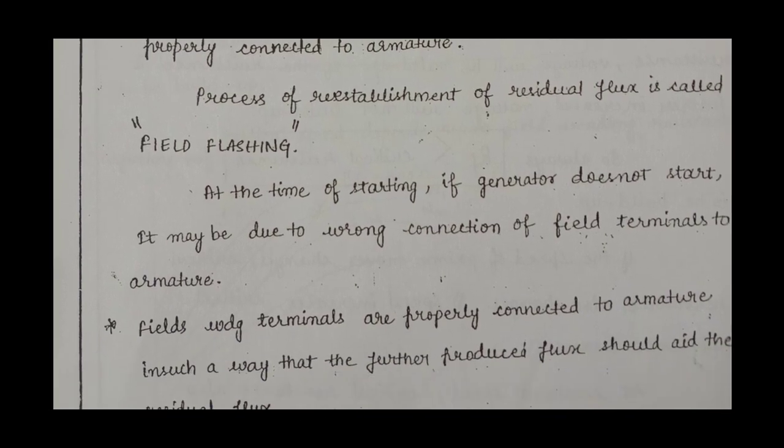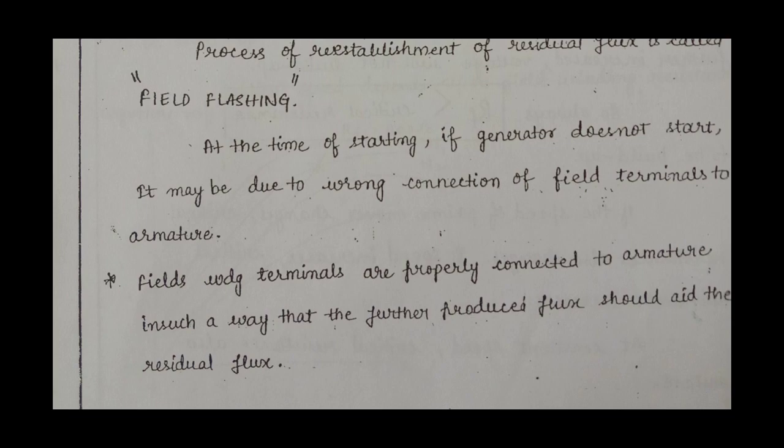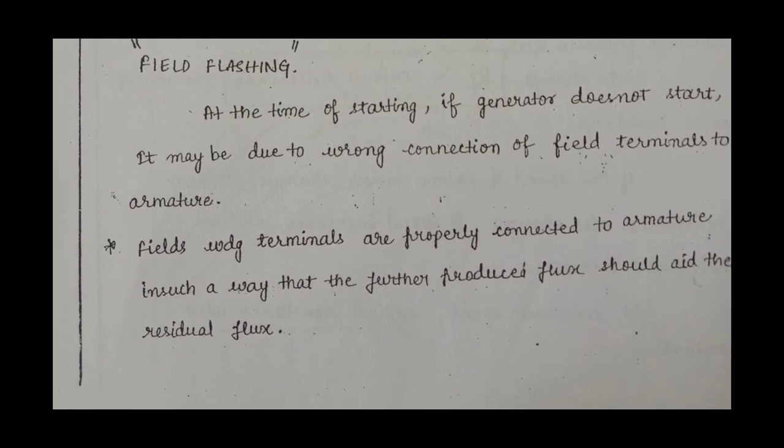At the time of starting, if the generator does not start, it may be due to wrong connection of the field terminals to the armature. The field winding terminals must be connected to the armature in such a way that the produced flux aids the residual flux.